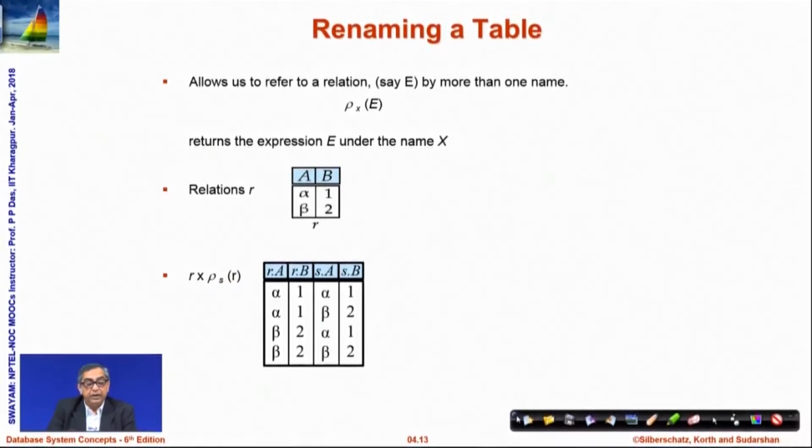So, renaming a table is another feature which is provided. Of course, it is not a fundamental operation of the algebra, but it is what makes any kind of Cartesian product possible.